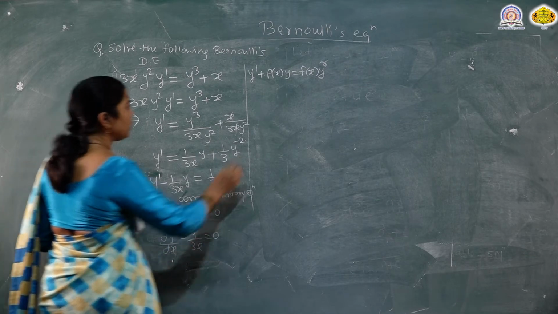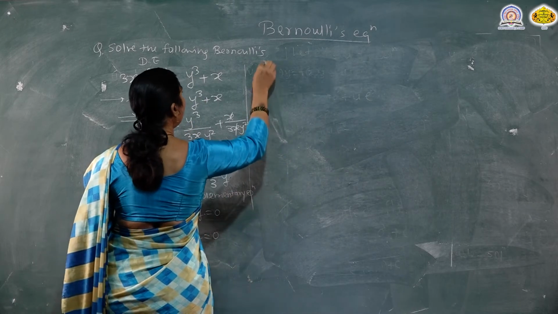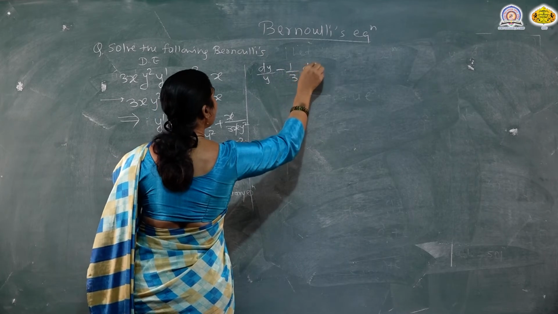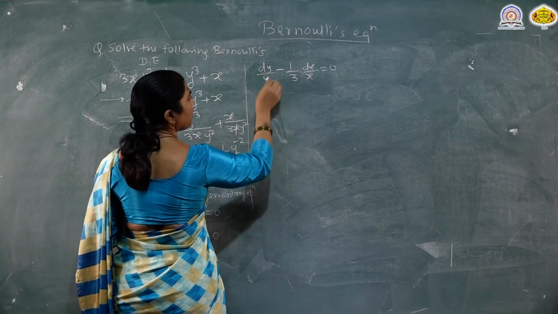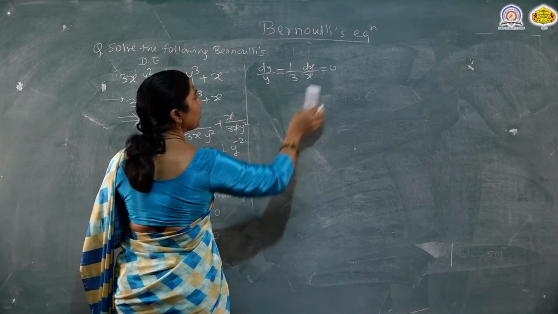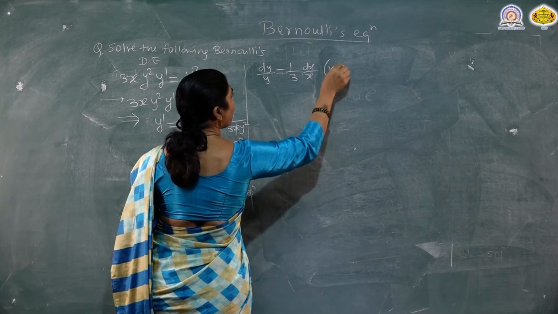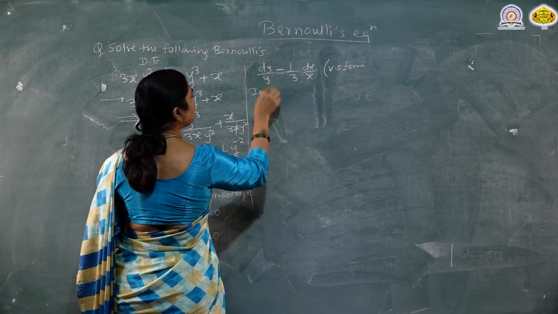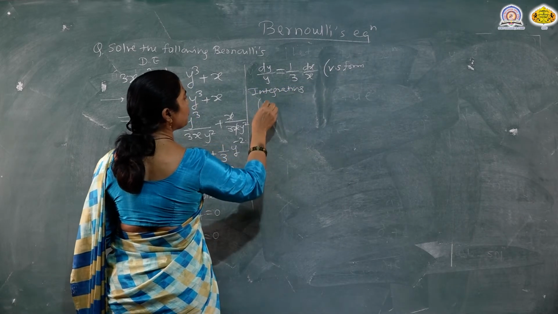Or we can write this as dy upon y minus 1 upon 3 dx upon x is equal to 0, or dy upon y is equal to 1 upon 3 dx upon x. This is variable separable form, and because it is variable separable form, integrate, taking constant of integration to be 0.